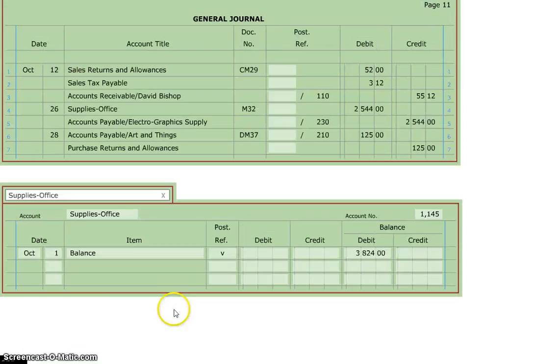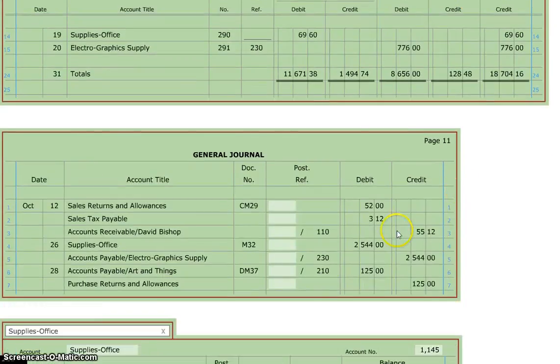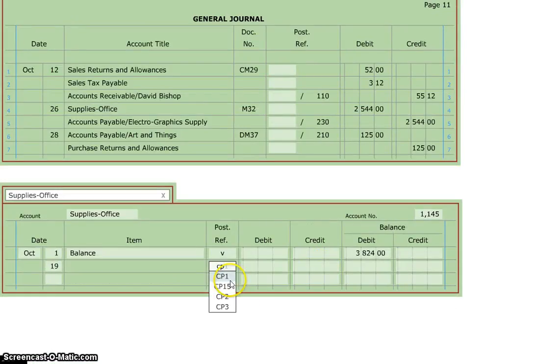So we're staying here on the Supplies-Office, the 19th. Our post reference is going to be CP 15 for cash payments journal, page 15. And we said that we had a debit of $69.60. This is a debit, and we have a normal debit balance because it is an asset.